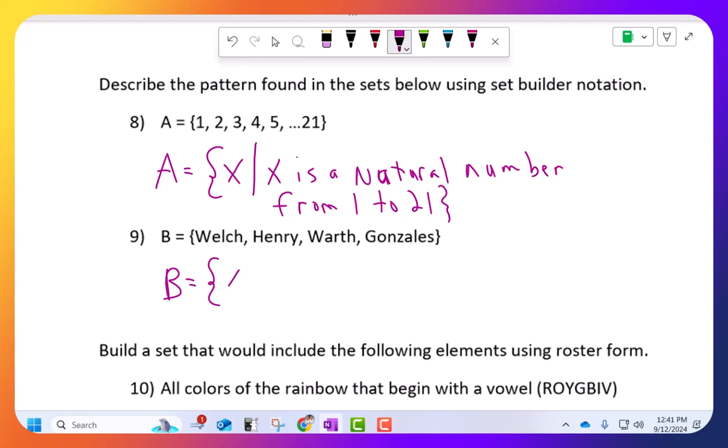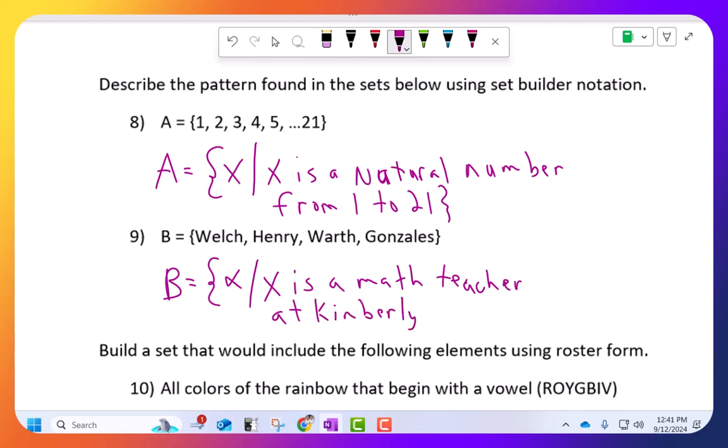So x such that x is a math teacher at Kimberly High School. And so that is a description of it.